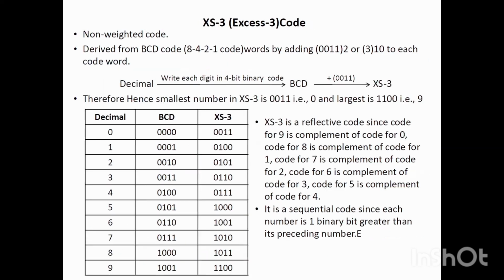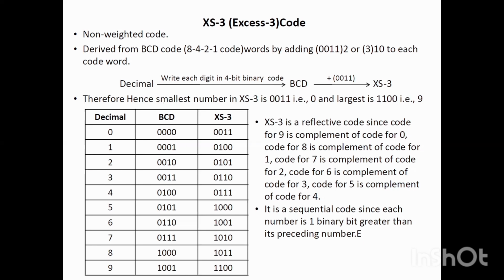The next one is XS3 code. We have simplified the XS3 code. The binary digit adds 3 to each digit, from the least significant bit to the most significant bit. The range here is 0 through 9. For the maximum number 9, the XS3 equivalent is 9 plus 3 equal to 12.